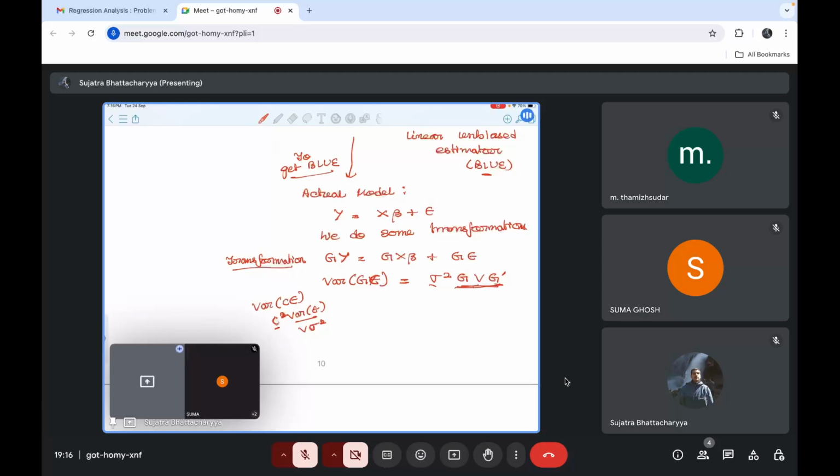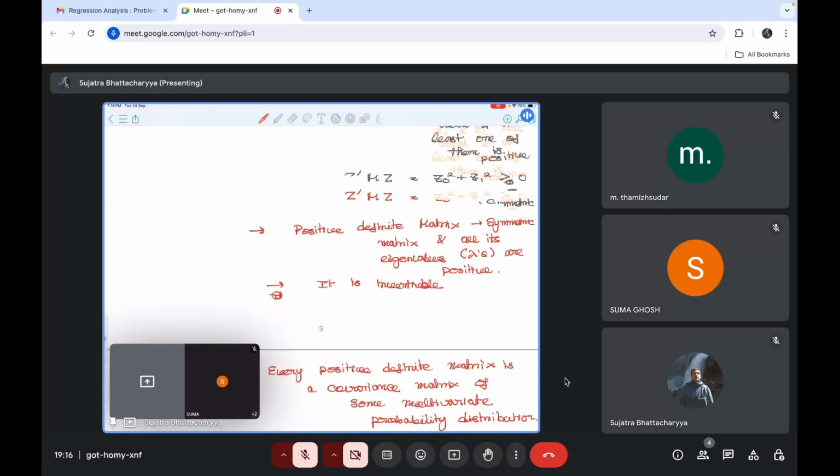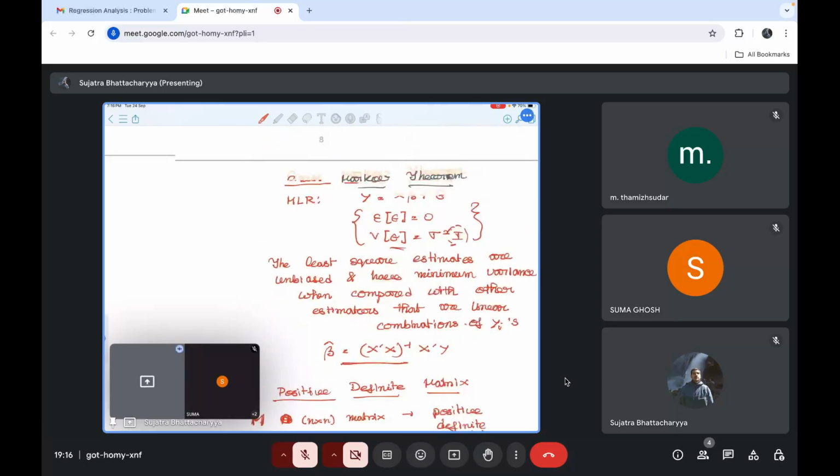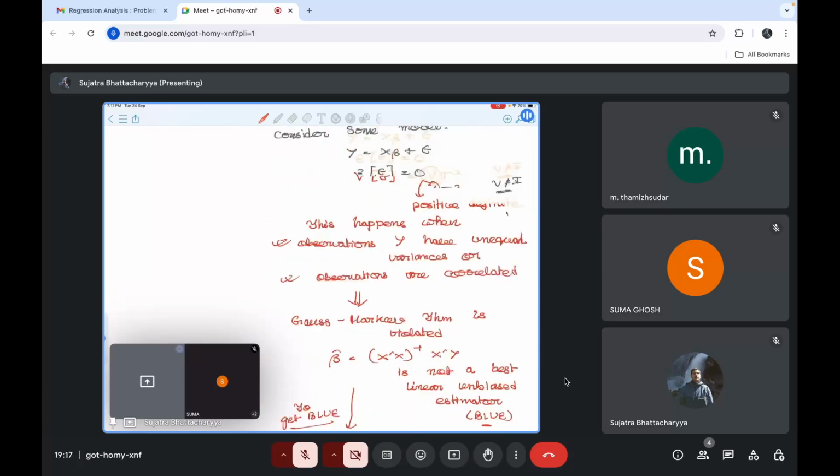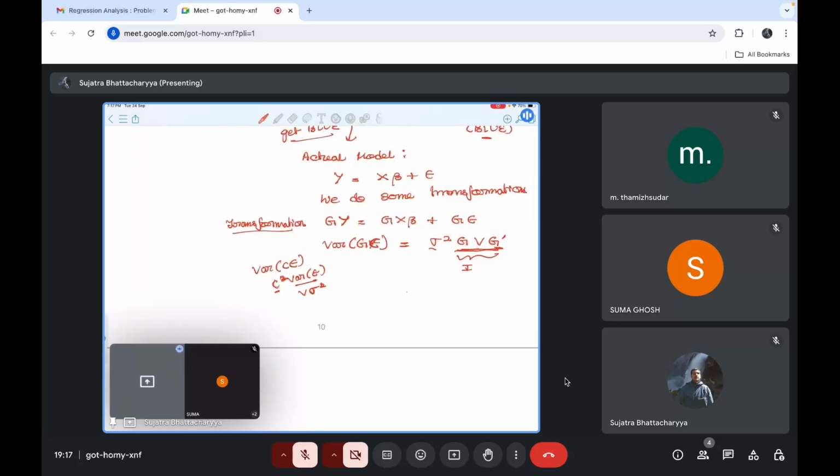Now, to get a best linear estimator model, which we have seen for the Gauss-Markov theorem, this part should be I, isn't it? Because variance of epsilon should be equal to sigma square I, right? So the extra part which we are getting when V of epsilon is equal to V sigma square, in some way we have to transform this G V G dash into I, identity.